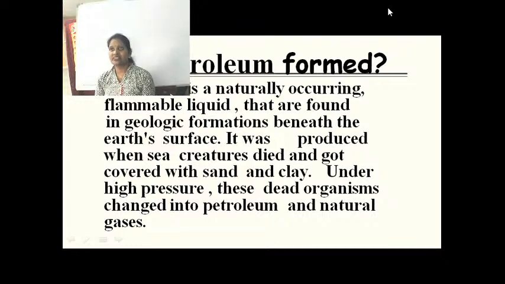Petroleum is a naturally occurring flammable liquid found in geological formations beneath the earth's surface. It was produced when sea creatures died and got covered with sand and clay. Under high pressure, these dead organisms changed into petroleum and natural gases.